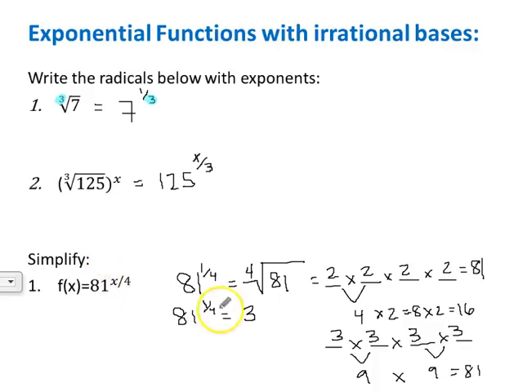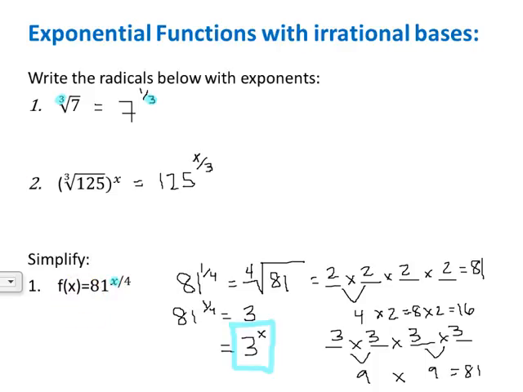But we've taken care of the 81 to the 1/4, and we still have that x in our exponent, don't we? So now all we need to do is set it as 3 to the x. Our final answer would be 3 to the x.